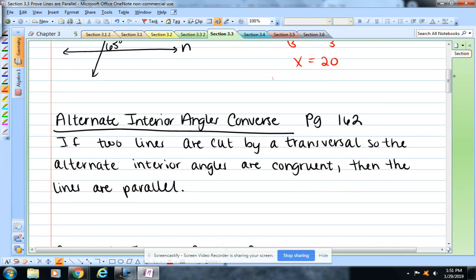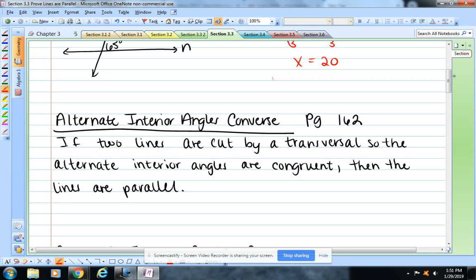Then we have the alternate interior angles converse theorem. Find this on your handout. I believe it's on the back, the first one on the back. Highlight that one, please. The alternate interior angles converse theorem is the converse of the alternate interior angles theorem.